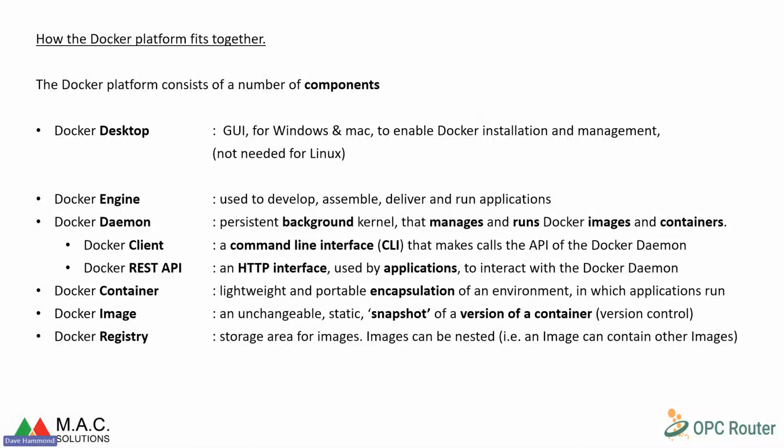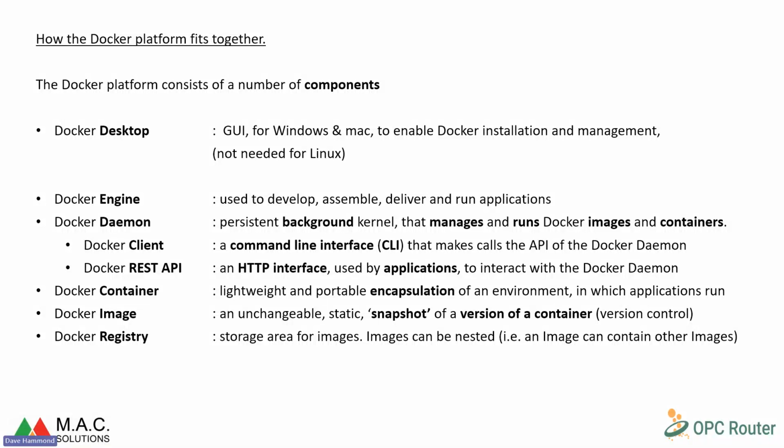So when Jan later on shows you OPC Router inside the Docker environment, he'll be loading in an image, and that image has been created and compiled by Inray from the OPC Router software, and you can't change it in the same way as you can't change an executable that you might get from a supplier which you then install in Windows. Hanging this all together, you've got the registry, which is the storage area for images, and you can also have images inside images, so they can be nested.